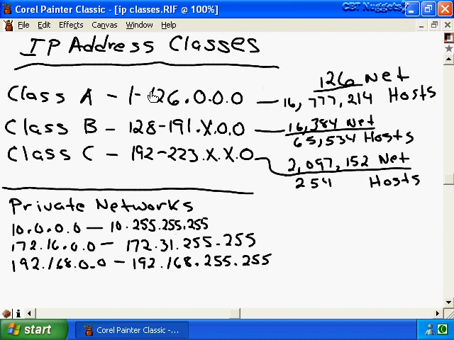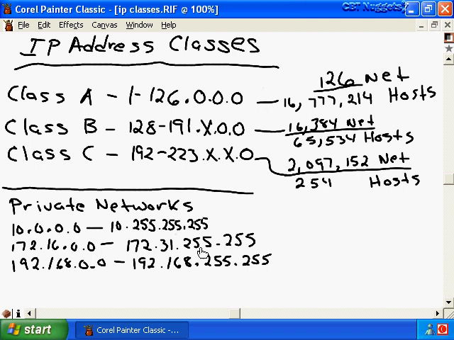Well, thankfully, the Internet Assigned Numbers Authority have carved out a range of IP addresses within Class A, B, and C that can be used within networks that are not connected to the Internet.